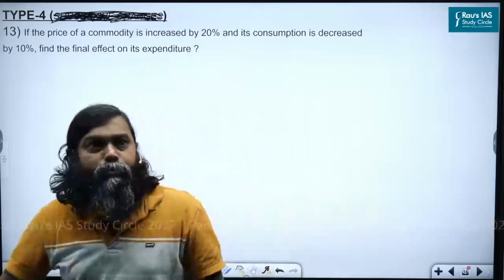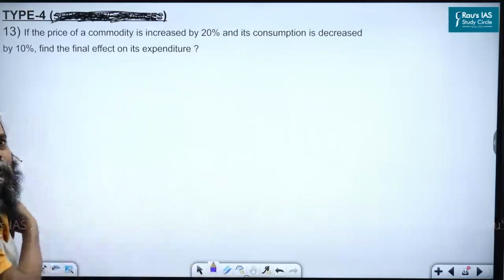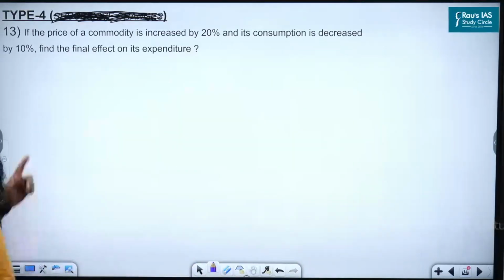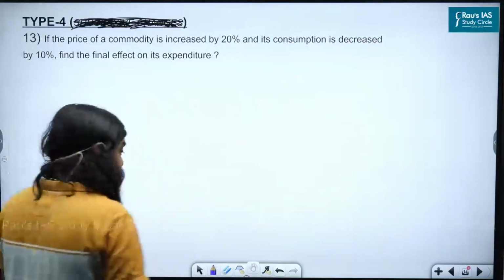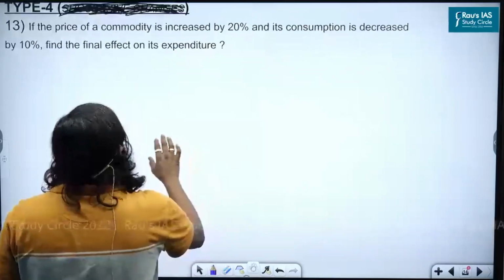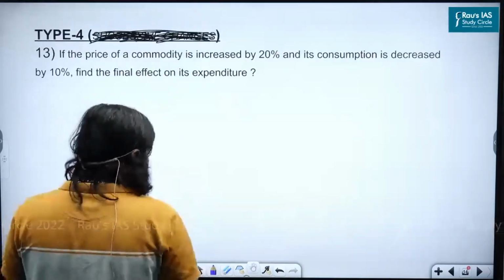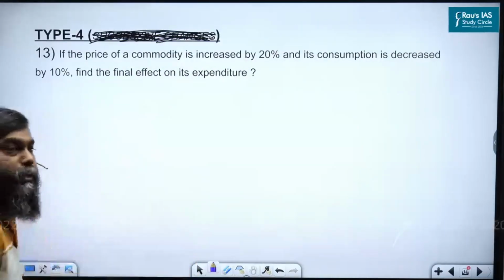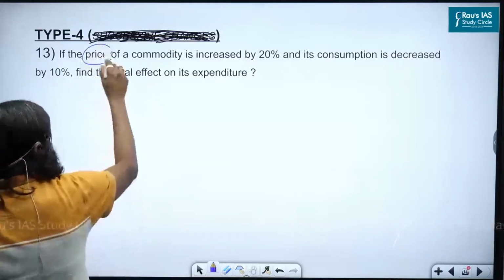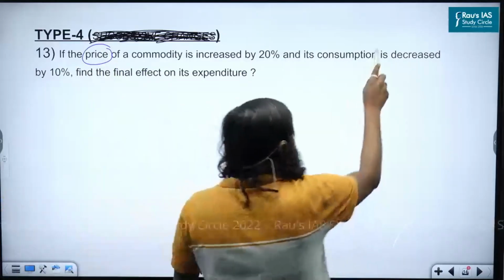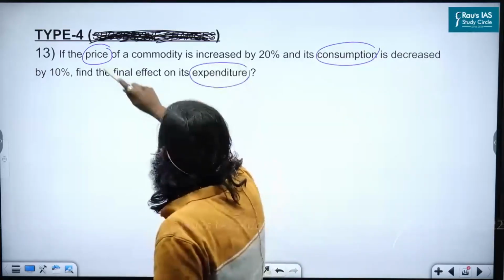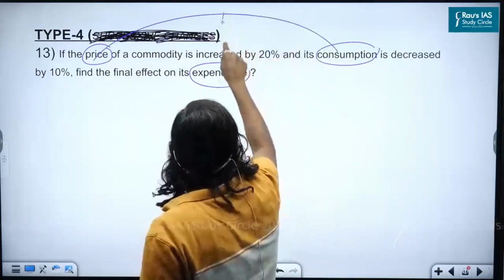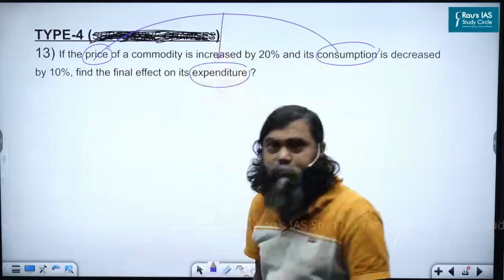In this question, I'm not displaying it to get the answer. Please listen. In this question, what are we discussing? We are discussing price. We are discussing consumption. We are discussing expenditure. Using price and consumption, I am able to derive the expenditure.